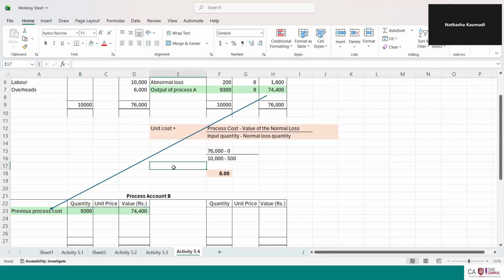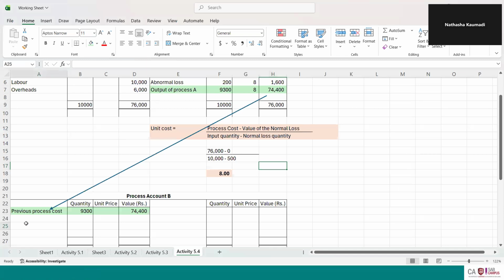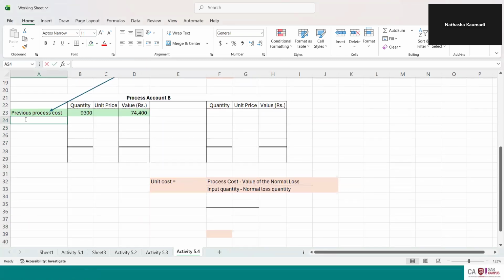So all these are very important. When you have a previous process, you take that amount first. That is your first step. Then only you are continuing with the additional details. So what are the additional details we have been given? Okay, process B, you are putting more materials, I guess. Yes, of course, in the second process, you might have to add more materials. So I'm writing additional materials, 6,140.